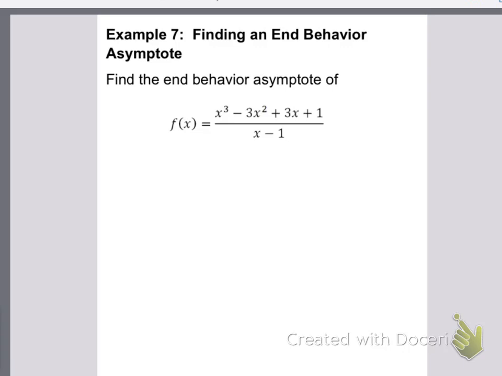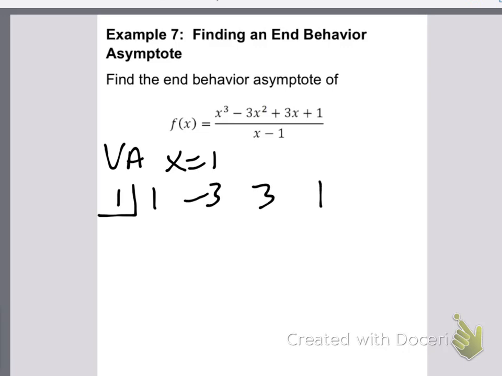Now, example 7 is a little bit shorter. It says, find the end behavior asymptote. Now, this is very easy. The first thing you want to do is find the vertical asymptote. Vertical asymptote is x equals 1. If you don't know how to find a vertical asymptote, see me. To find the end behavior asymptote, you're going to take that 1 and put it in the box, and do synthetic division on the top.